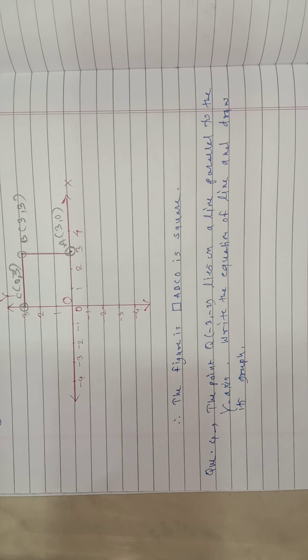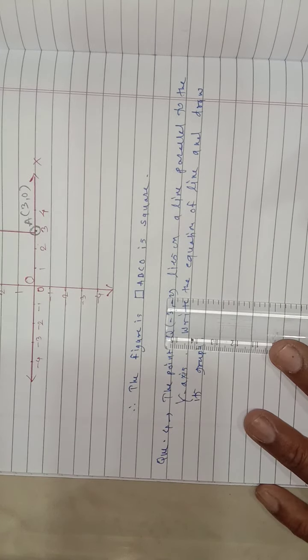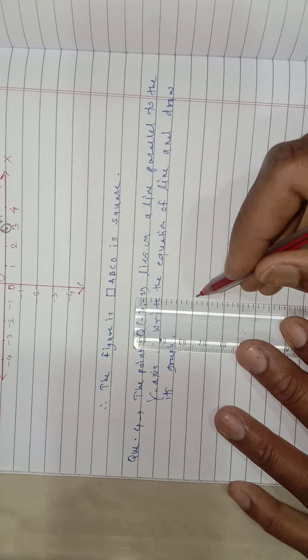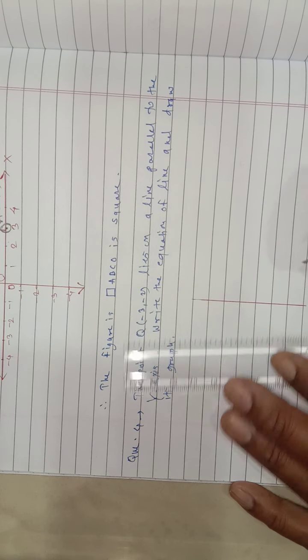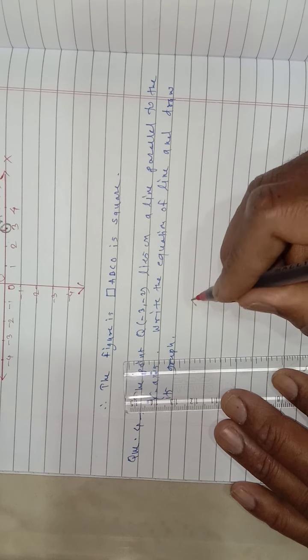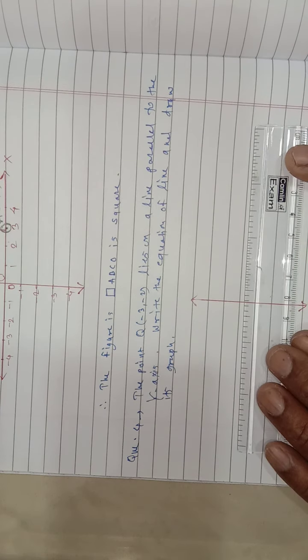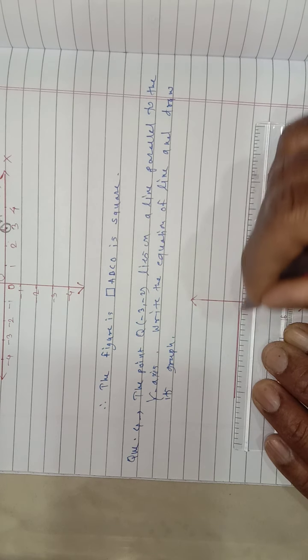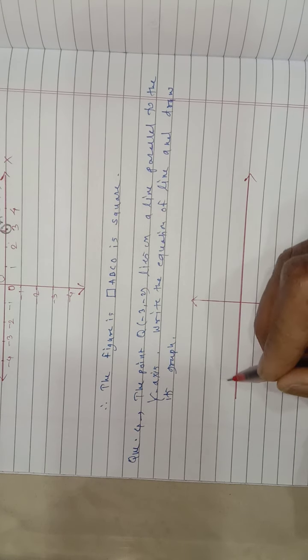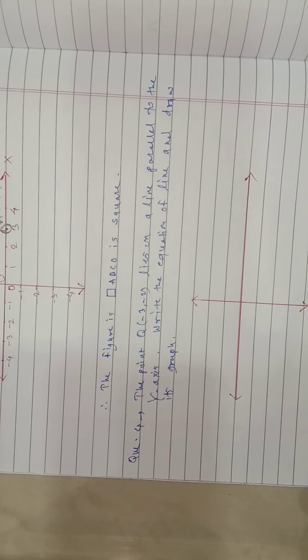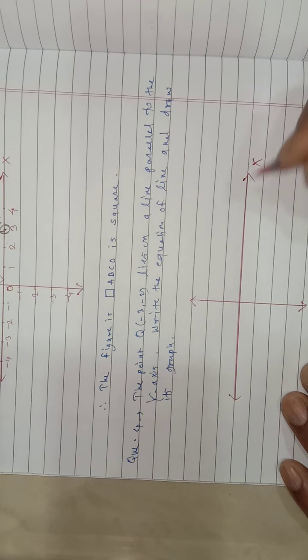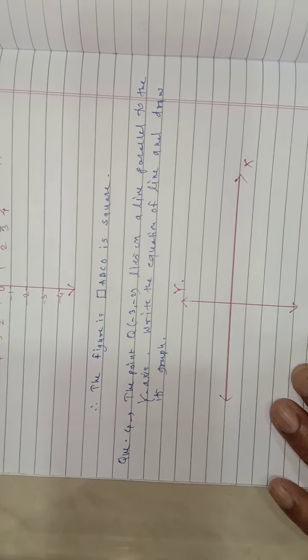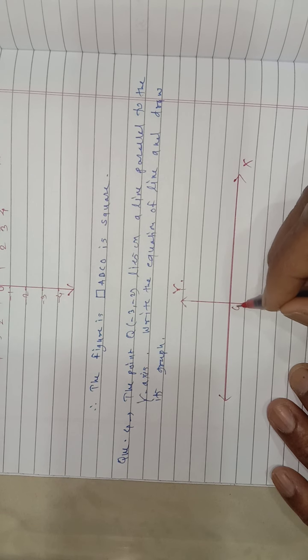This figure we also solve on graph paper. We use graph paper. The vertical axis is the y-axis and the horizontal axis is the x-axis. This is the x-axis and this is the y-axis. This is 0.